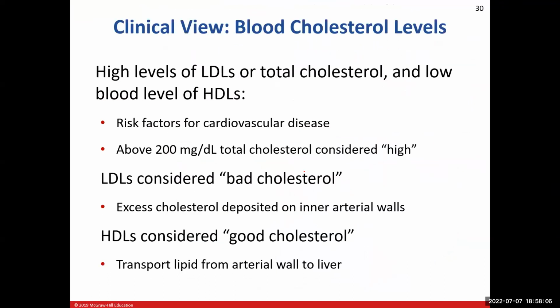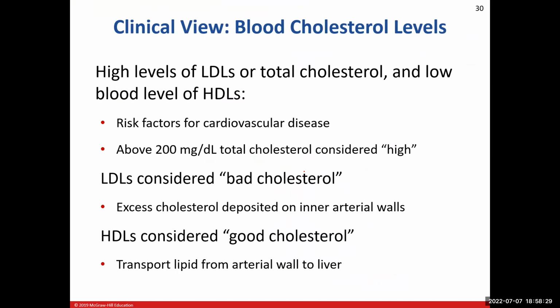Okay, let me just hit this last slide and then we'll be done. So of course, when we're talking about good cholesterol versus bad cholesterol, high levels of LDLs, or your total cholesterol, is not considered to be good. This increases your chances of cardiovascular disease, which then increases your chances of heart attack, stroke.